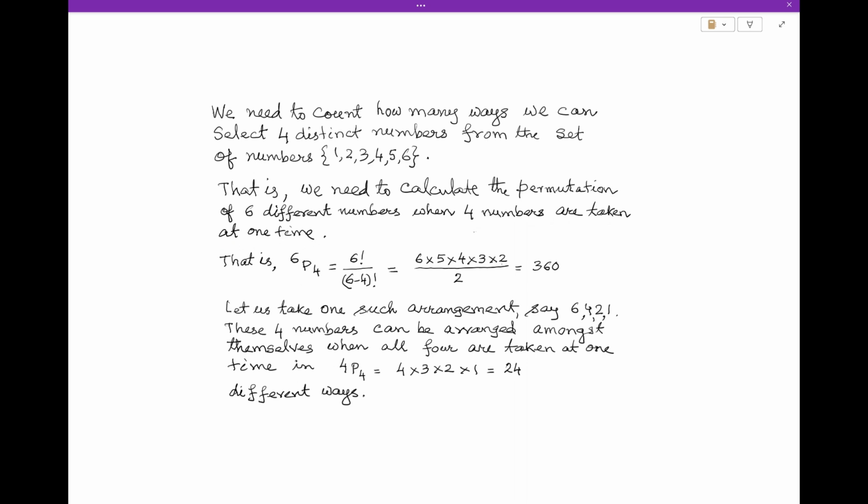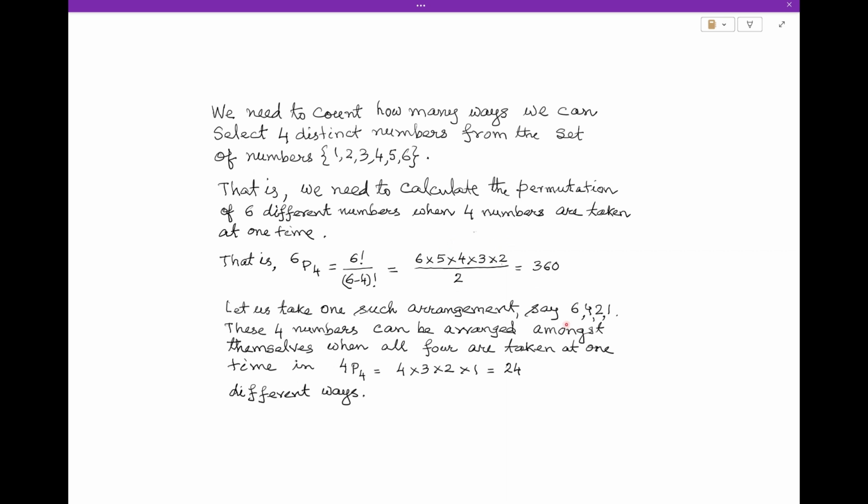By using the formula for permutation, it is factorial 6 divided by factorial of 6 minus 4, which is equal to 6 multiplied by 5 multiplied by 4 multiplied by 3 multiplied by 2 divided by 2, and that is 360.